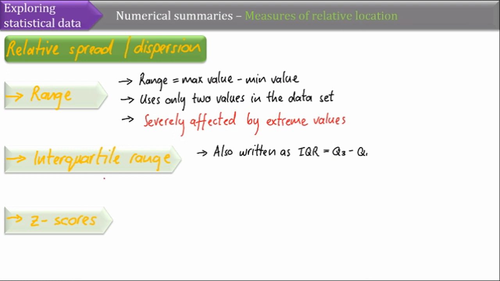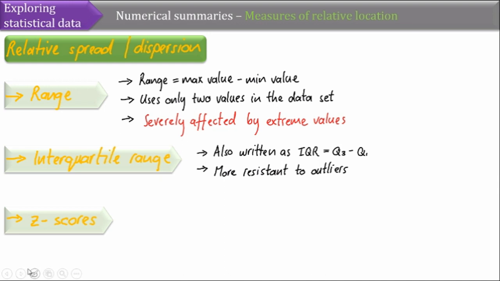Interquartile means we're working with quartiles, so we'll take the largest quartile and subtract the smallest quartile, which is what we do for a range, maximum minus minimum. So for the interquartile range, we'll take the maximum quartile minus the minimum quartile.